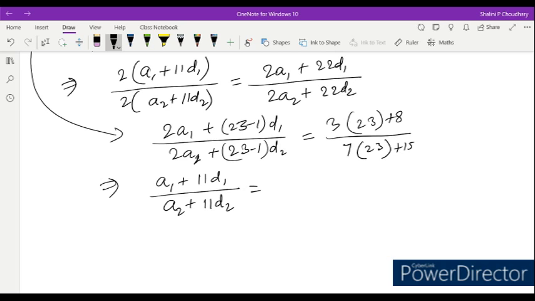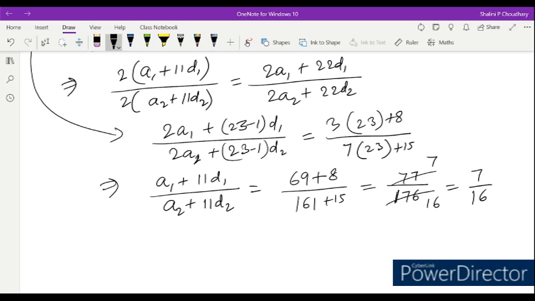Okay, so this will be equal to 3 into 23 which is 69, plus 8, that is 77, and 7 into 23 is 161, plus 15, that is 176. So both are divisible by 11. It will be 7 and 16, so we get 7 upon 16. Okay, this will be the answer.